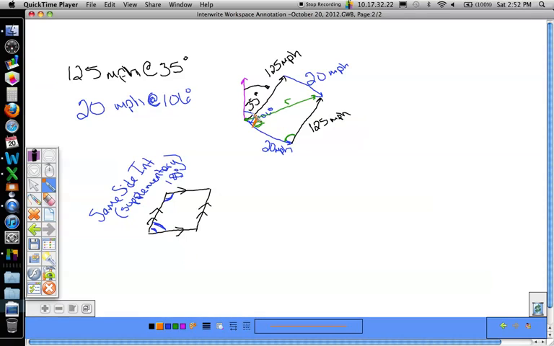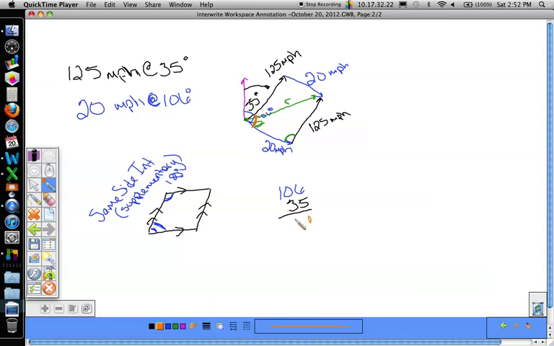Well, this orange angle is just the distance between the black and the blue vectors. So we can take our blue vector, 106, and subtract our black vector, 35, to give us our remaining orange angle there.